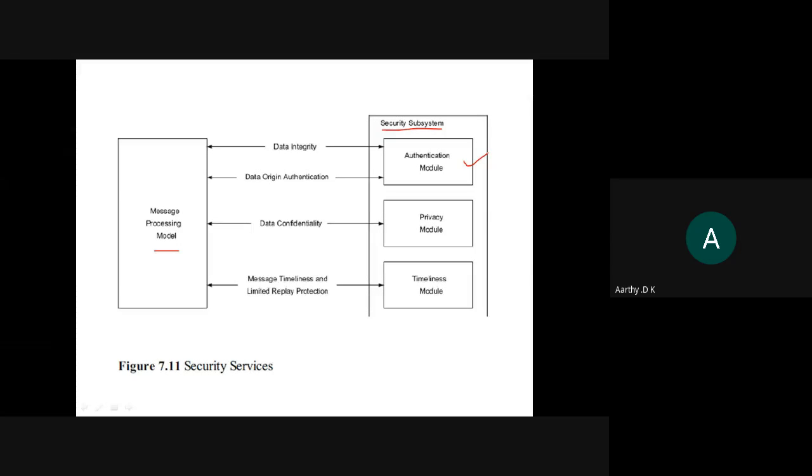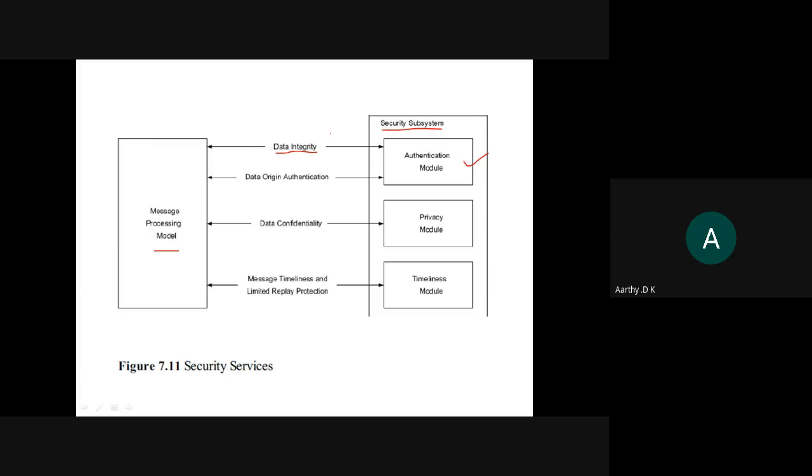So your agent is just the response. Whatever data it receives, it will check for the integrity of the data. Data integrity means that the data which is transferred should be the same. It shouldn't be tampered with by a third party.